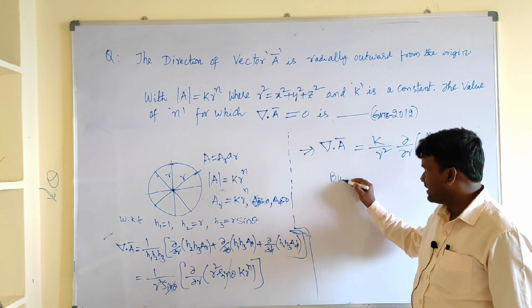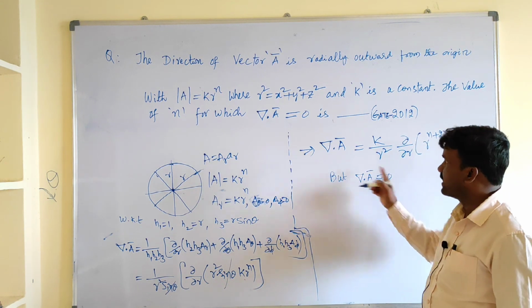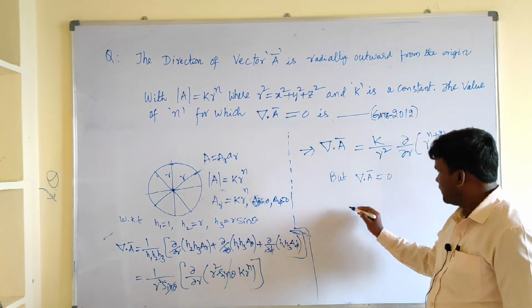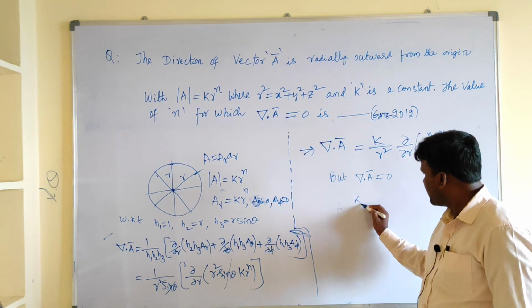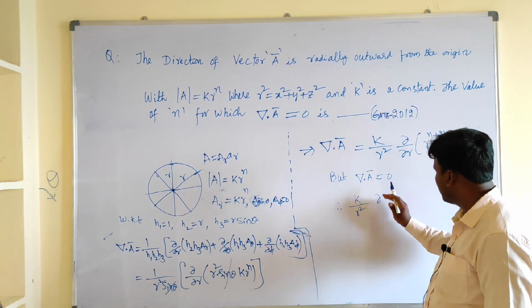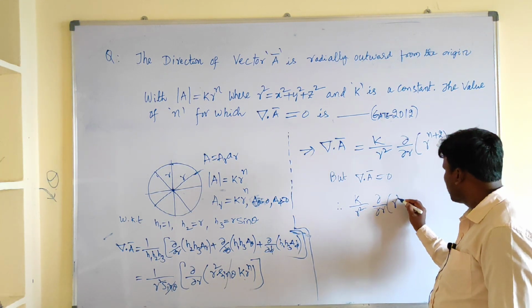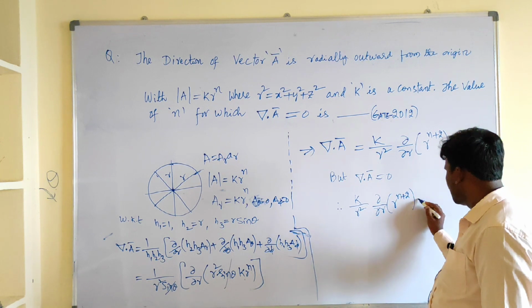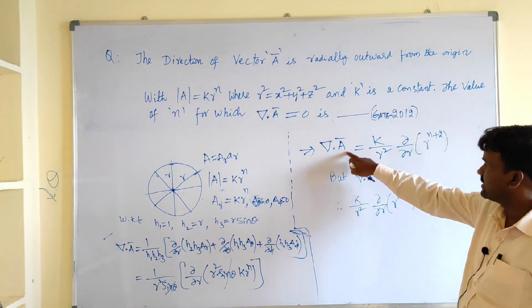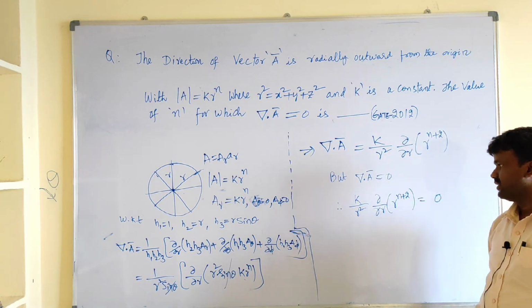But del dot A bar is 0 for the given question, therefore k by r square dou by dou r of r to the power n plus 2 is also 0. It is divergence, but divergence is equal to 0. That's why we equate this to 0.